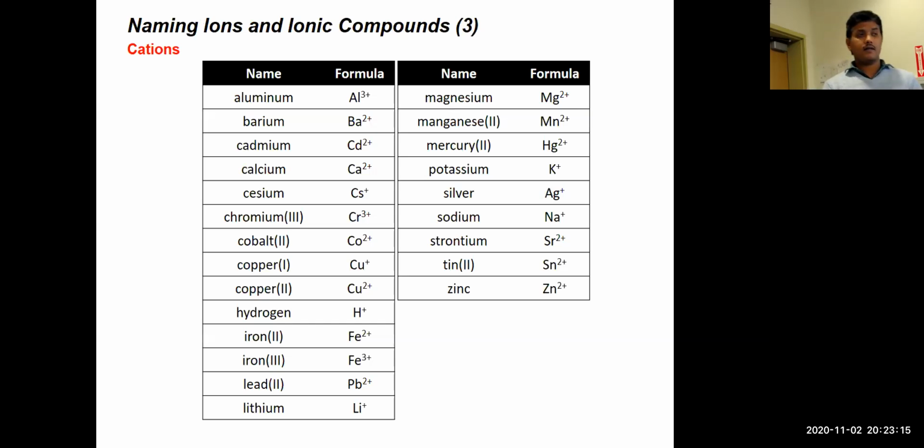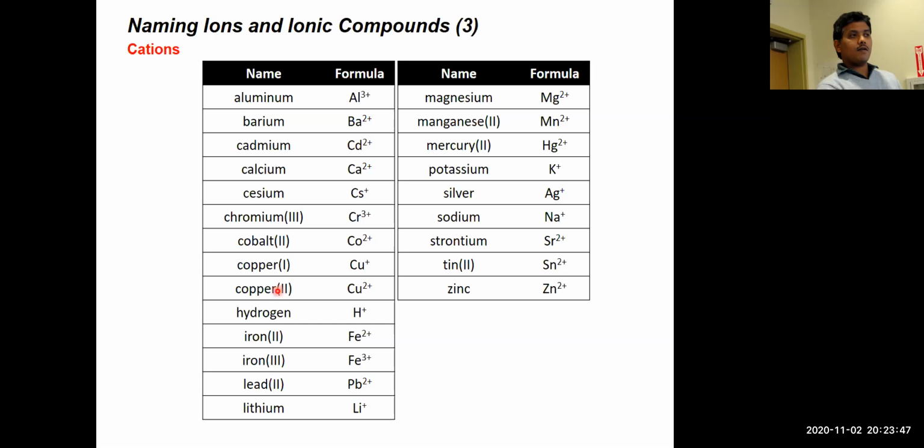So what we have here is what I just showed you previously, what we have in the book. In the book, some of the main or popular cations are mentioned, and here you can see some from group 3, aluminum, barium, well, group 3, and some from group 2: barium, cadmium, calcium, cesium, all of these, some of the common ones, and some you see with different charges: chromium +3, cobalt +2, copper +1.